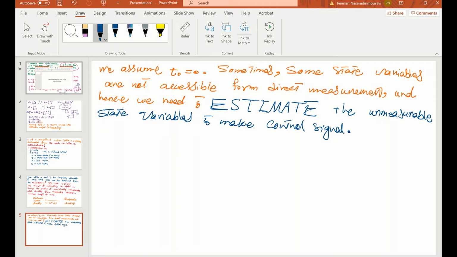So in the controllability, we are checking whether the system is completely state controllable or output controllable. But in observability, we are going to estimate the state variables that we cannot measure by sensors or whatever. Okay.